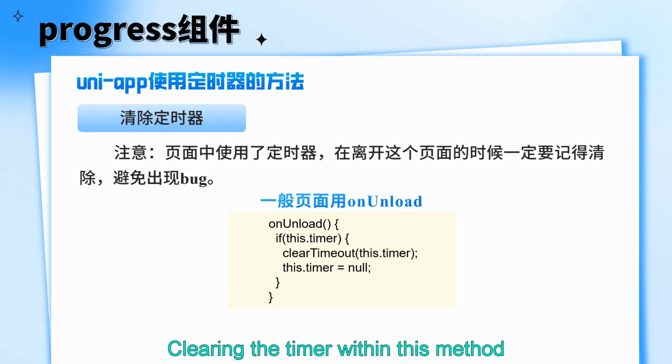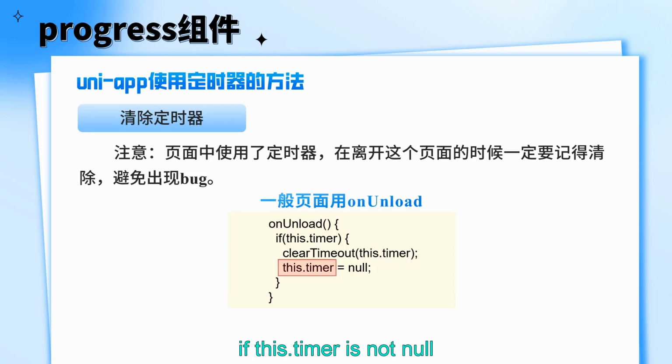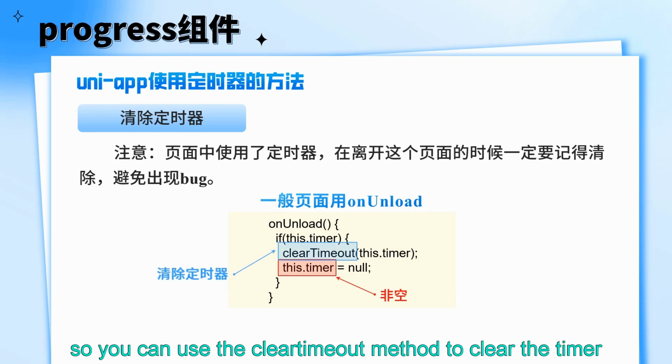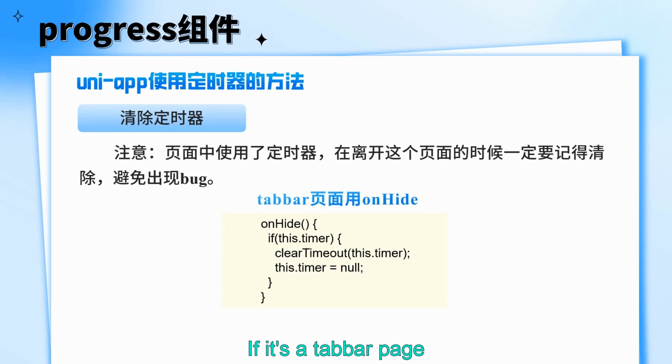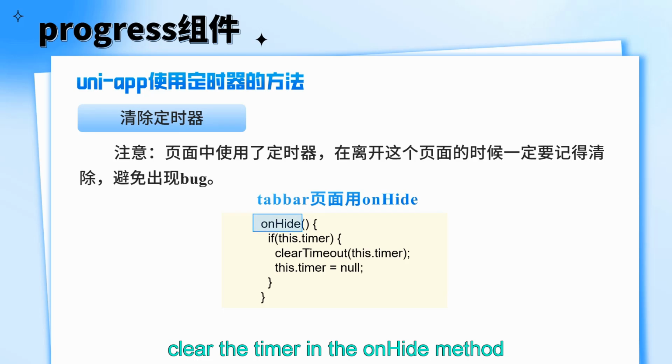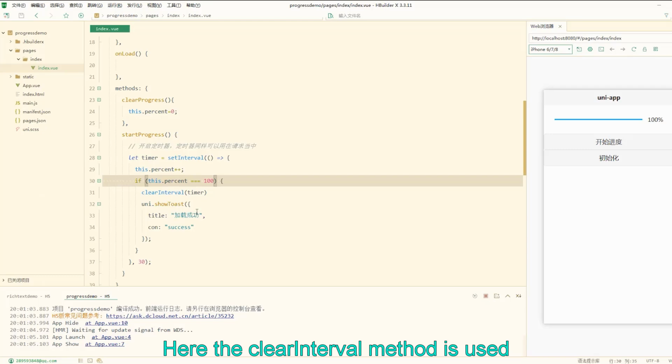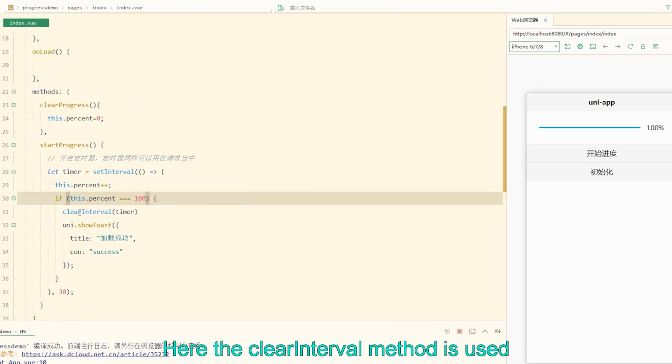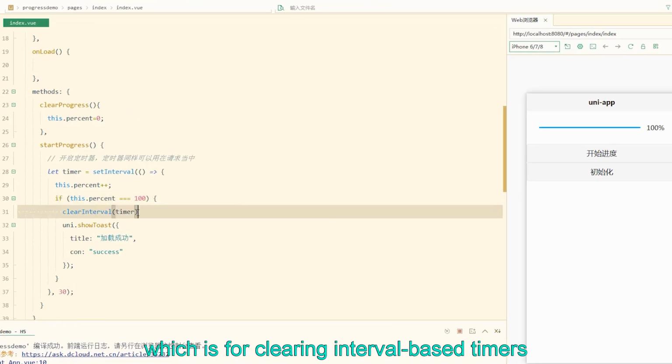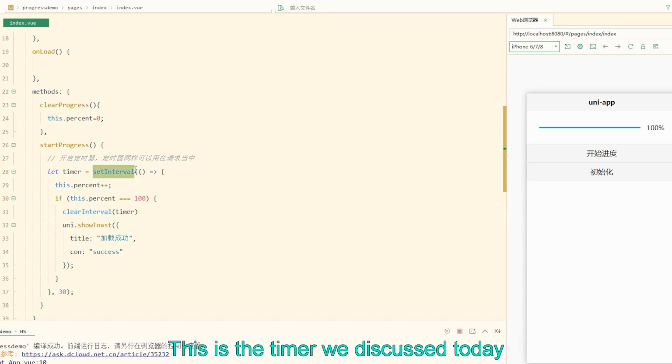If this timer is not null, it indicates that there is a timer. So you can use the clearTimeout method to clear the timer. If it's a tabbar page, clear the timer in the onHide method. Here, the clearInterval method is used, which is for clearing interval-based timers. This is the timer we discussed today.